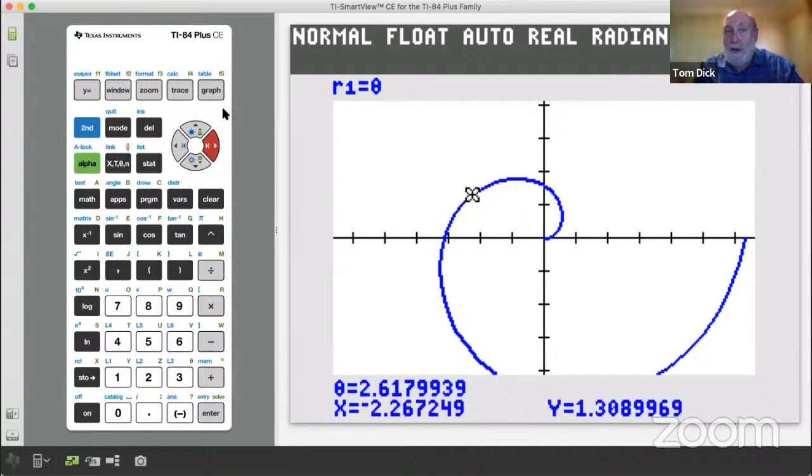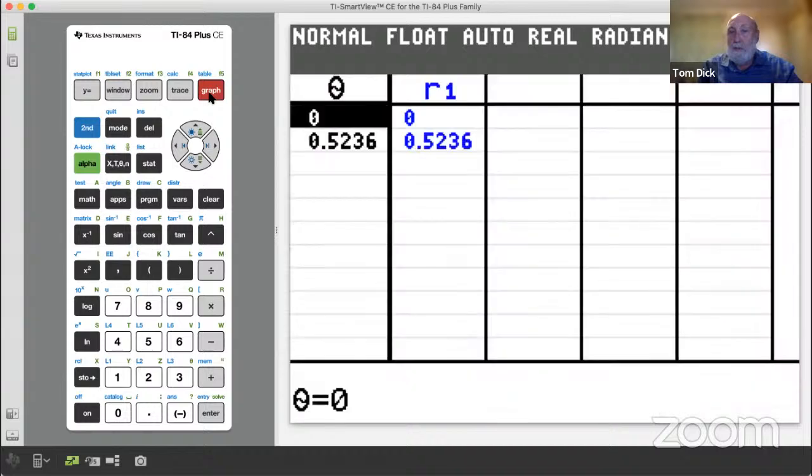All right, so that's kind of the basics for graphing. Let's see what else might change here. We could go to a table. Instead of x and y1, we have theta and r1.